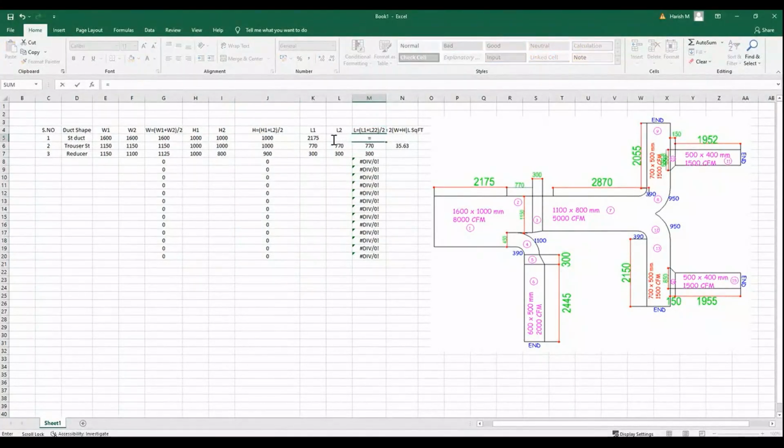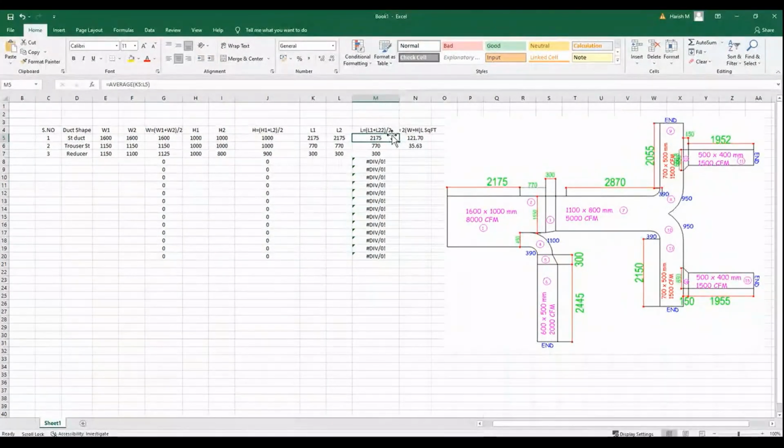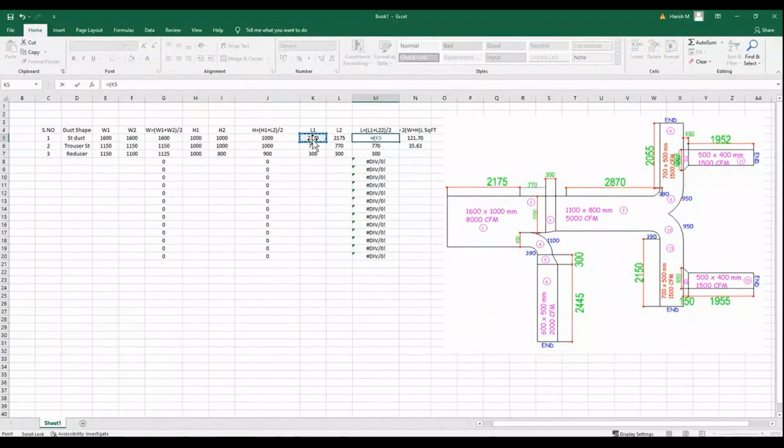That equals to this plus this divided by 2.